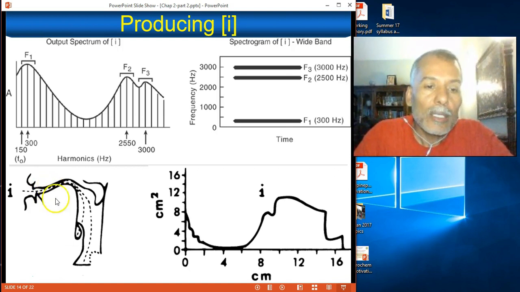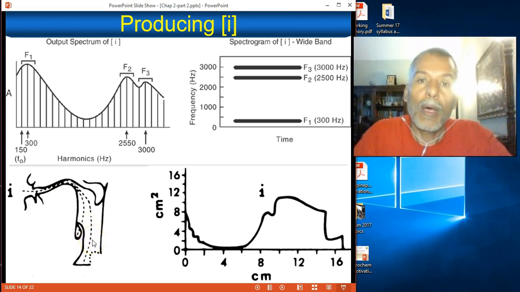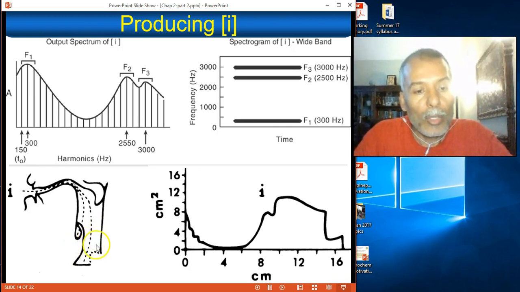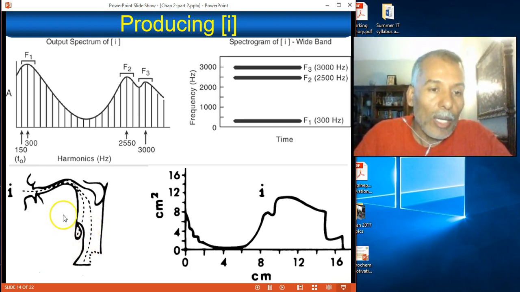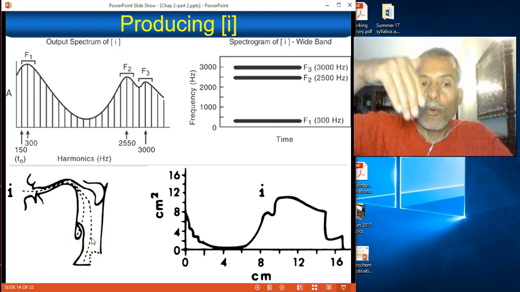That means, see all the space that it has freed in the back. That creates a larger volume for F1. So as a result, the tongue going out of the way and going up frees the back of the pharynx, the lower pharynx, and that makes F1 lower for E.